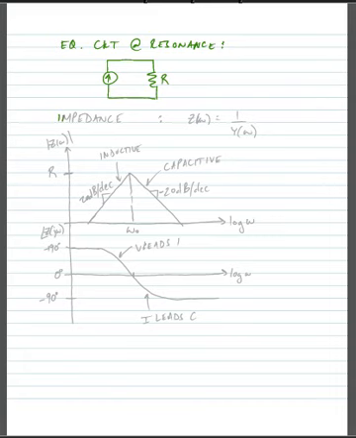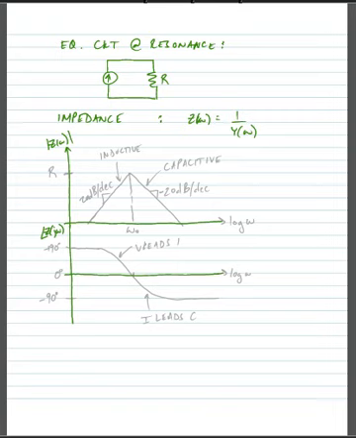All right, if we look at this in terms of impedance, and remember that impedance, Z of omega, is just equal to 1 over Y of omega, and we were to plot the magnitude of the impedance and the phase of the impedance, we would see the following.